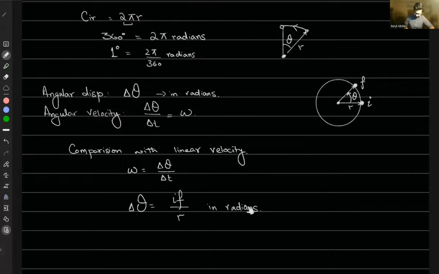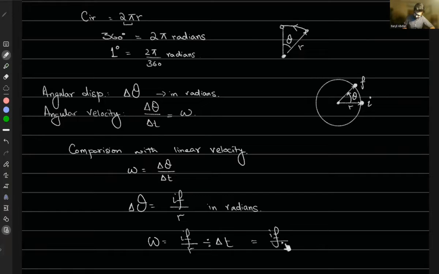That's the reason we work in radians, because it's easier this way to work out some of the quantities or do some of the calculations in physics. So this would mean that the angular velocity is equal to this thing, which is delta theta divided by r divided by delta t. But what do we know about this thing? IF divided by delta t is simply the linear velocity, because IF is just the distance that it covers, right?